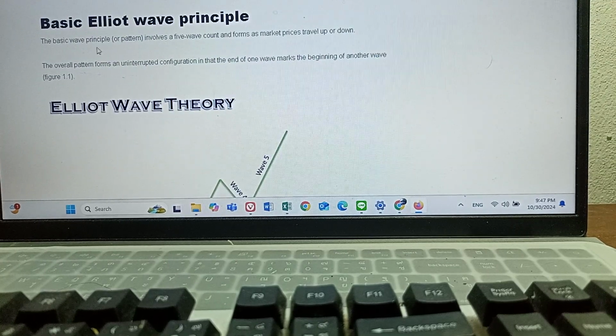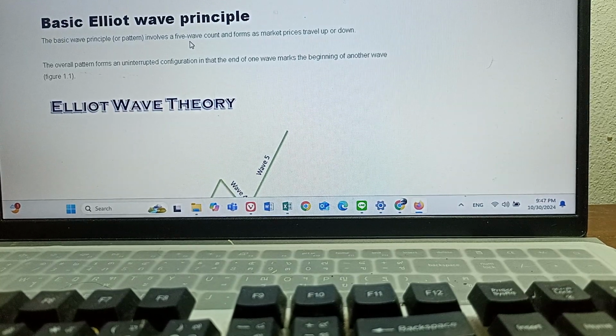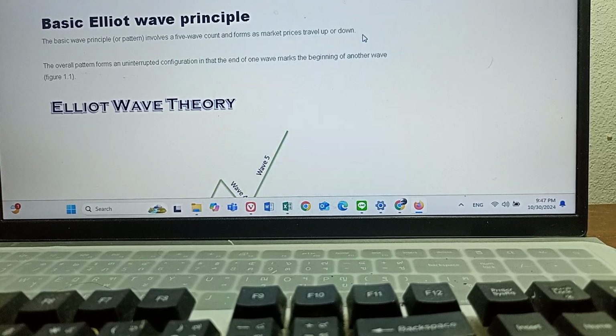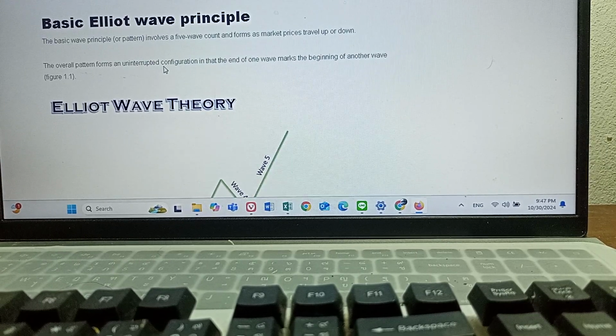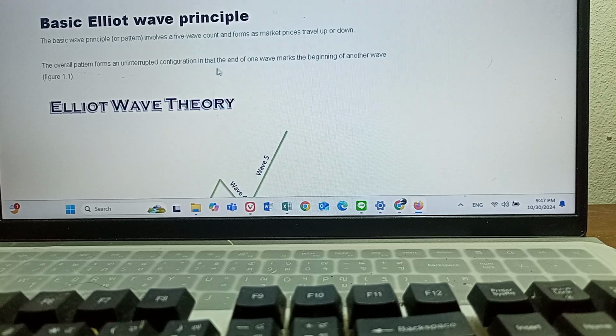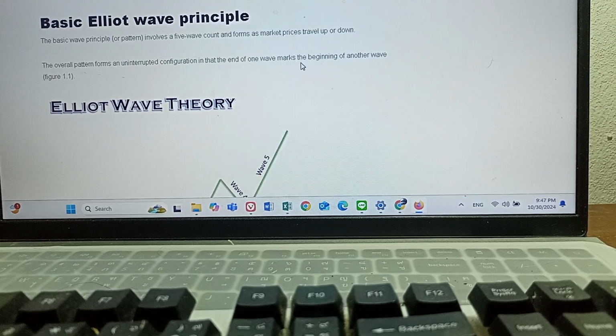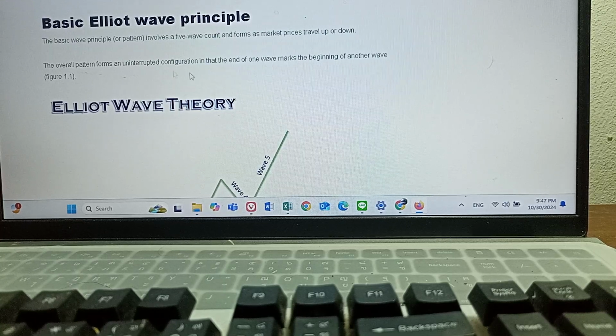The wave principle or pattern involves a five-wave count, informed as market prices travel up or down. The overall pattern forms an uninterrupted configuration in that the end of one wave marks the beginning of another wave.